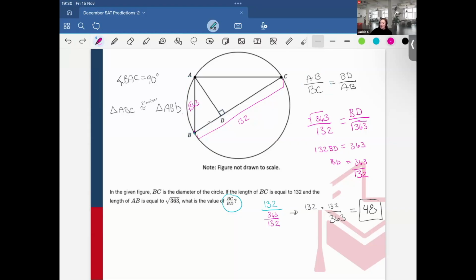And then likewise, let's look at the legs opposite to the right angles. So in triangle ABC, our larger one, my leg is AB, which I'm putting here, right? And then in triangle ABD, I'm referring to this leg.